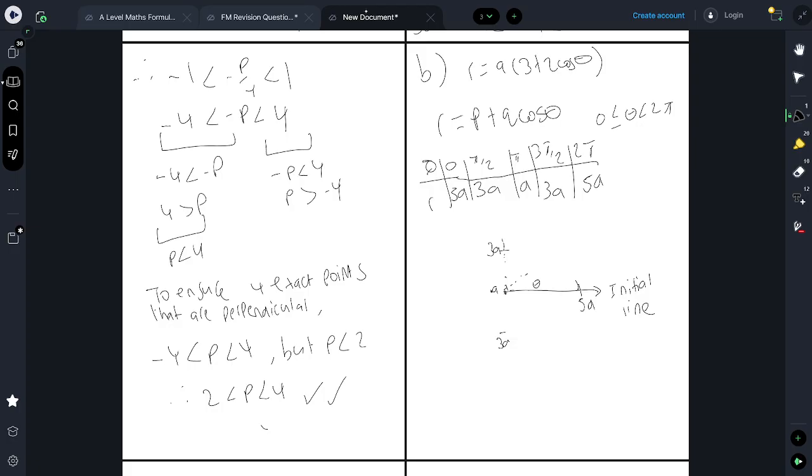If you have 2 theta or 3 theta, you need to double the amount of angles you consider. So if it's 2 theta, you'd need to consider 0, pi over 4, then pi over 2, then 3 pi over 4, then pi, then 5 pi over 4, and so on. You need to basically split it all in half, so double the number of angles to consider, because when it's 2 theta, it can change midway through.